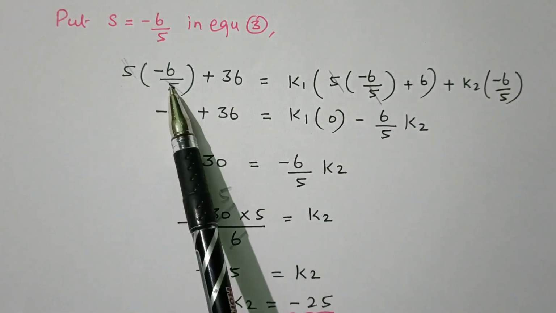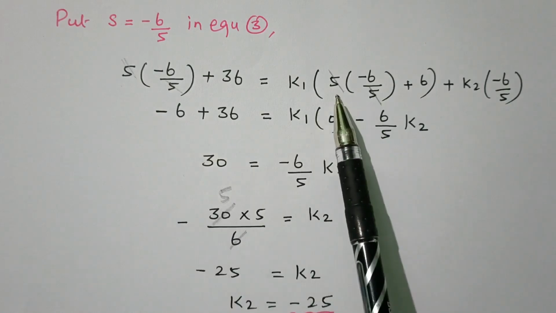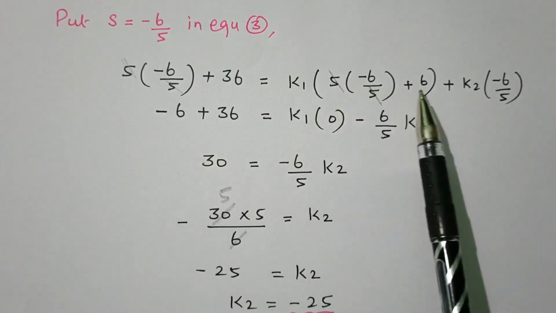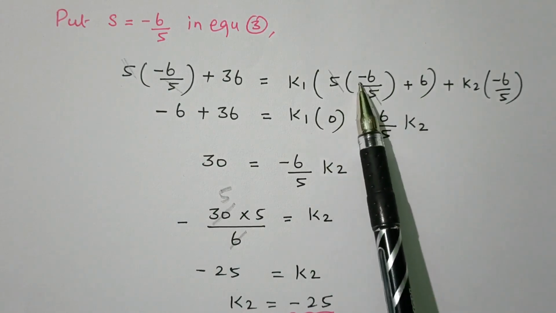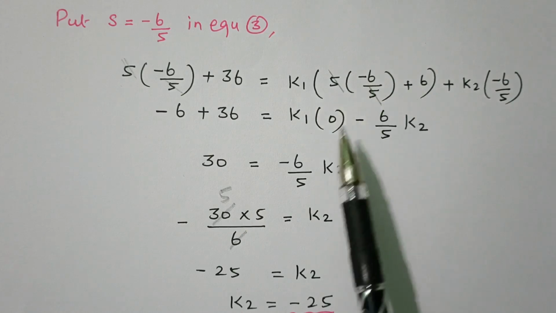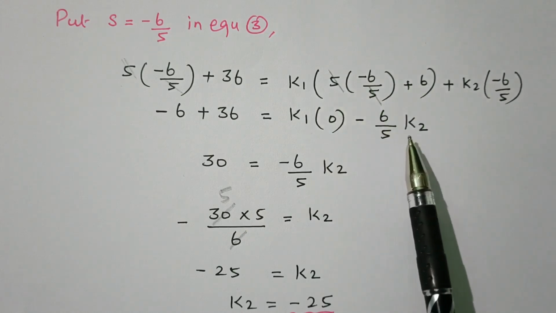Right. The 5 and 5 got cancelled, minus 6 is there, and here plus 6 is there. So the total is 0. That is our aim. So by putting minus 6 by 5, this term became 0. So minus 6 by 5 is there with K2.